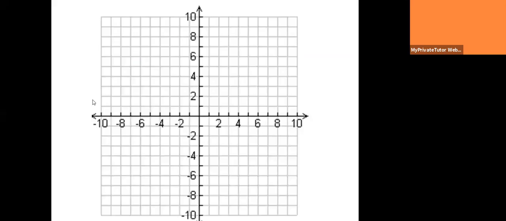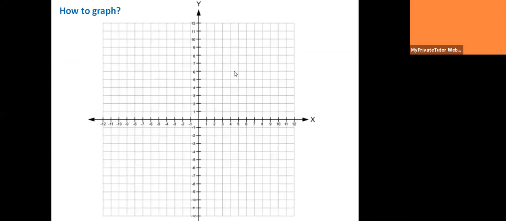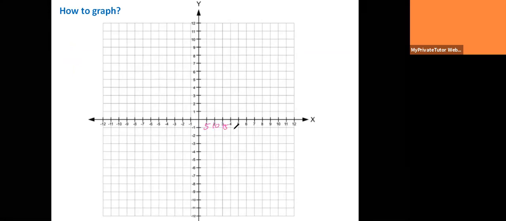Let me go to the graph. How do you draw the graph, guys? You can see that we don't have a 36 or a negative 20 here. So in that case, please change the units. Instead of 1, 2, 3, 4, you can take 2, 4, 6, or maybe 5, 10, 15, like that. So that will fit our numbers on the graph. I hope you guys understand. That depends on the input or output, guys.